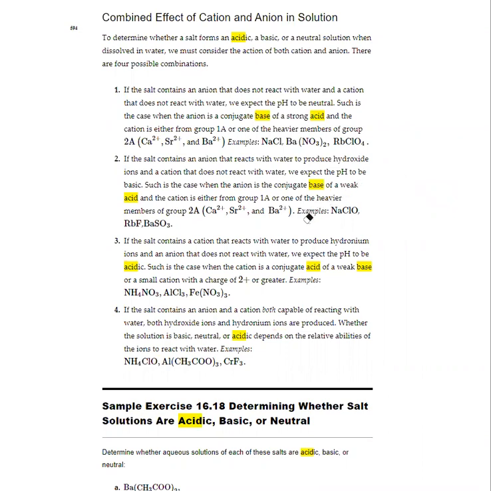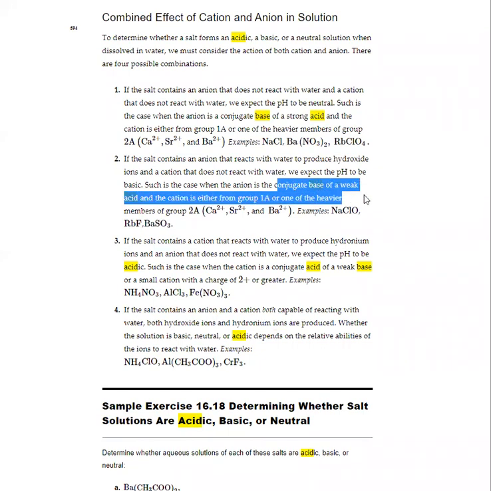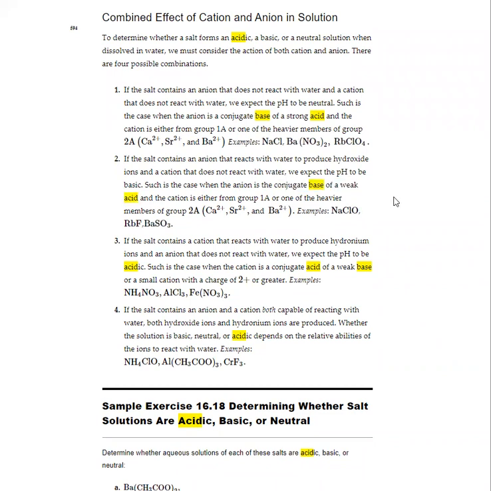If you're looking at salts where the anion is the conjugate base of a weak acid, that means it's going to be a stronger conjugate base.